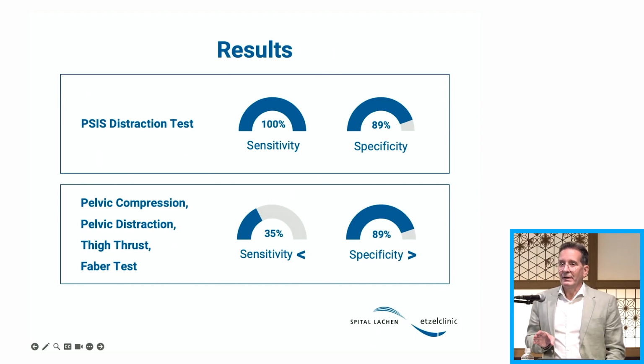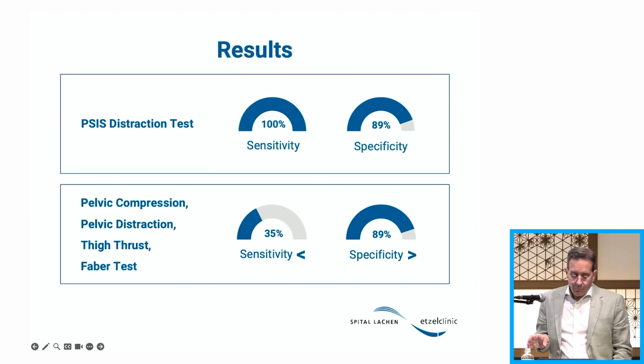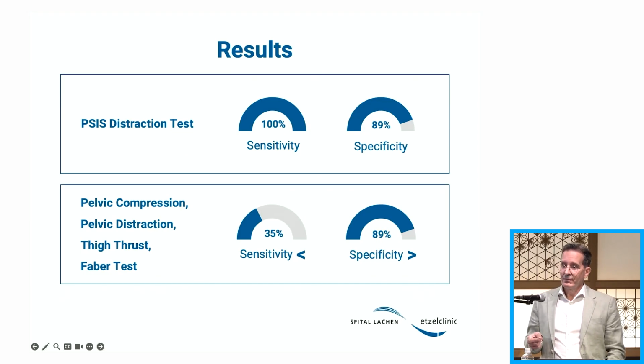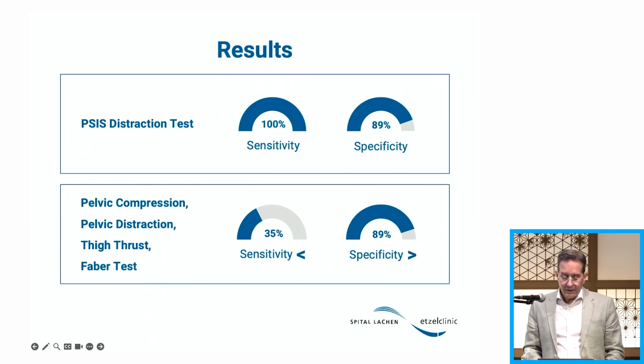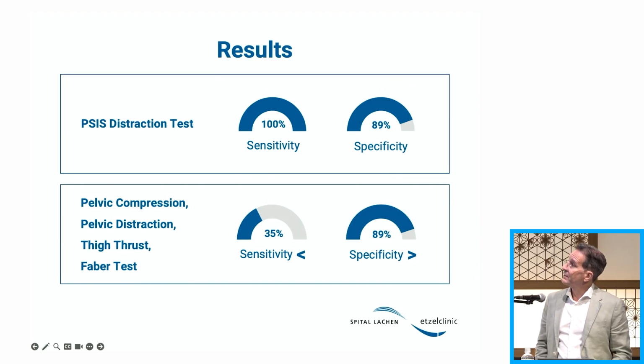Specificity, not that good. So almost 90%, but this is like a COVID test, which you can do at home. If you press back there and you have pain, you are sure you will not miss a possible SI joint problem. It doesn't mean it has to be the SI joint, but as a screening test, it's very, very sensitive. On the other hand, if you compare the other tests, pelvic compression, distraction, thigh thrust, Faber tests, actually Gaenslen's was the only one reaching a sensitivity of 35%.